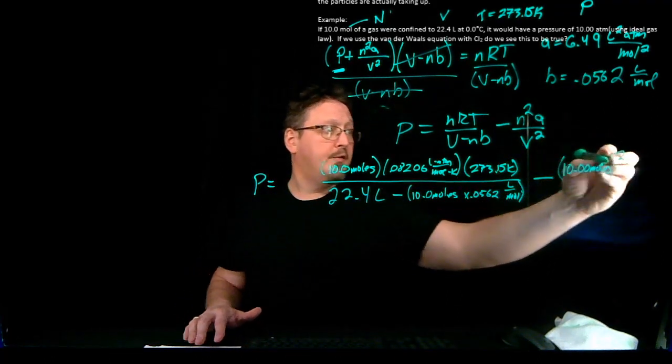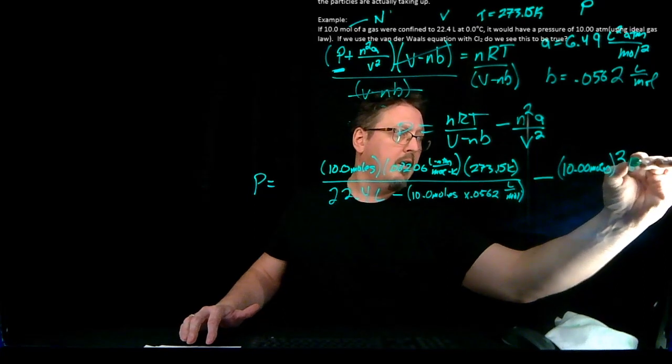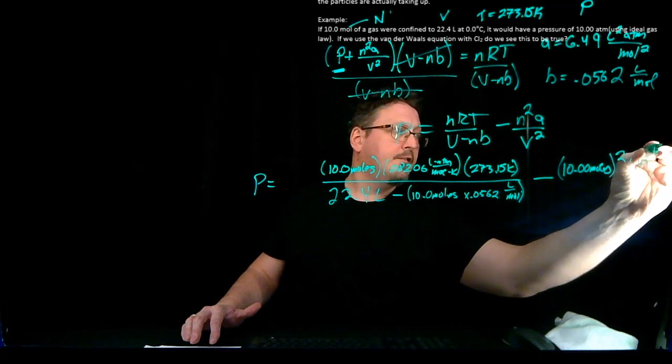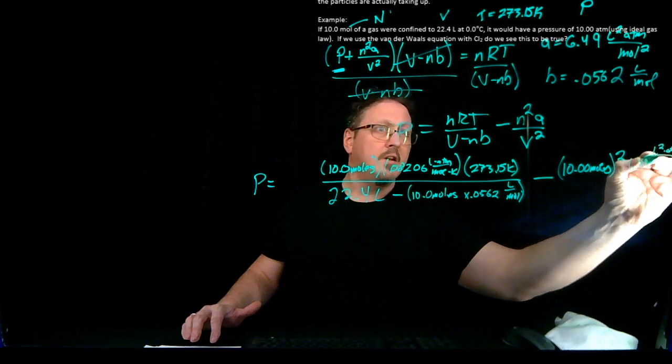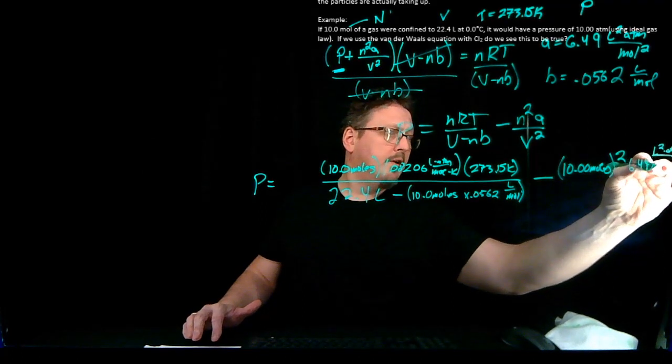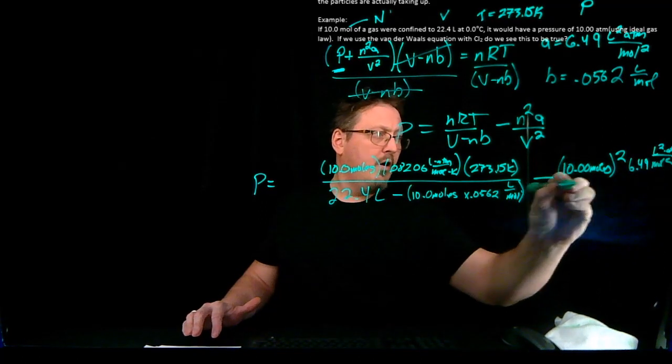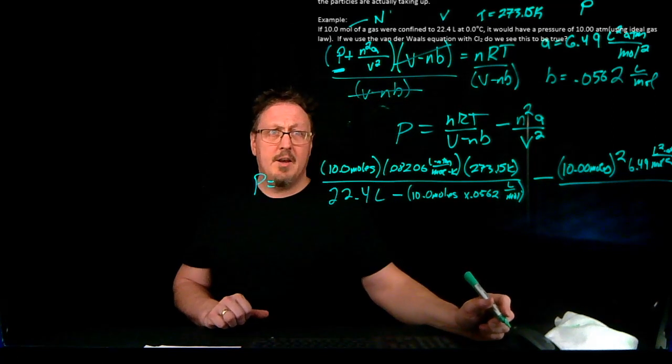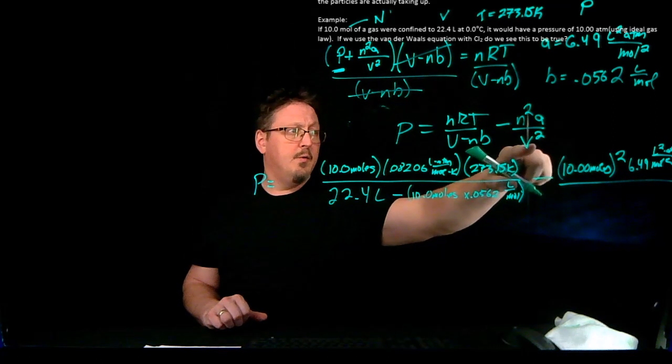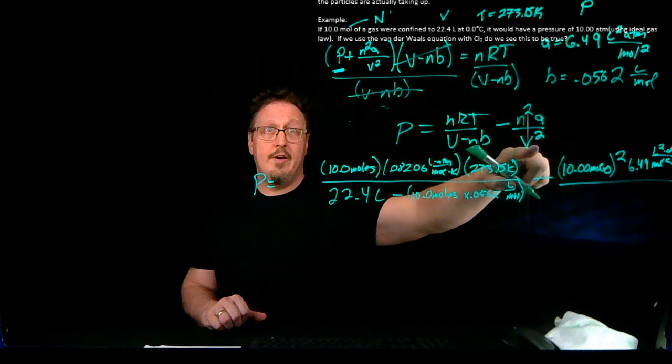So my a value is 6.49 liters squared atmospheres divided by moles squared. All of that mess gets divided by our V squared. Our V squared is 22.4 liters squared.